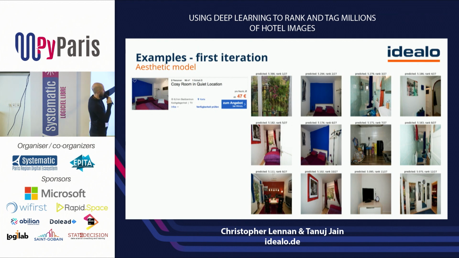Our aesthetic classifier puts this image of flowers on a balcony as the most aesthetic image, which of course is not desirable for us. And the bathroom in the top row shouldn't really be there. So this is a pretty poor result.